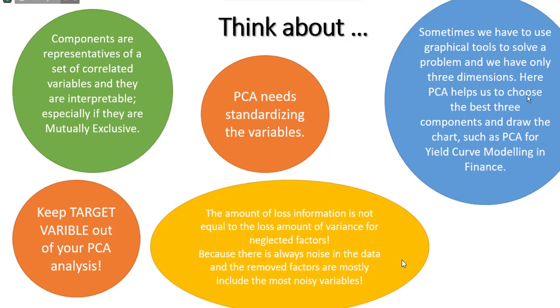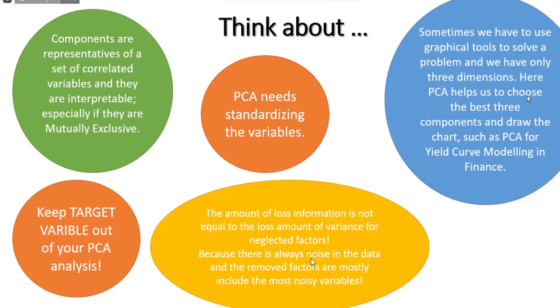Another important point is that the amount of lost information is not equal to the lost amount of variance for neglected factors. So if we put aside some components, and they have, for example, 20% of the variance, it doesn't mean that we are losing 20% of information from our model, because of that noise that I told you about during the presentation.